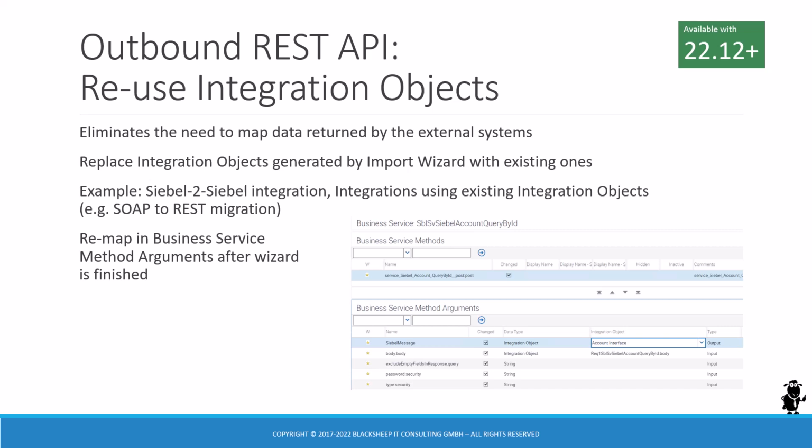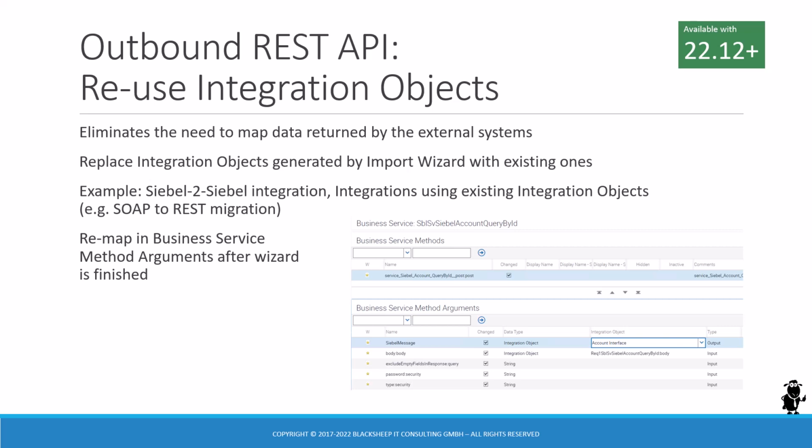So the problem prior to 22.12 was that the output of the outbound proxy business service was actually the structure already, but it was a different integration object. So you had to use, for example, data map to map it back to the original integration object.